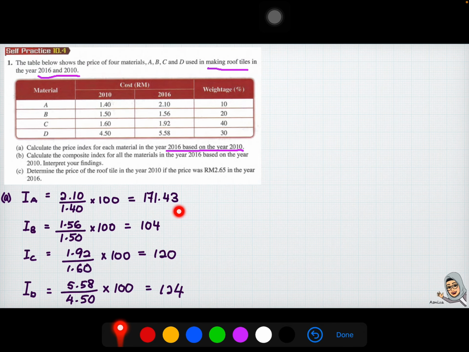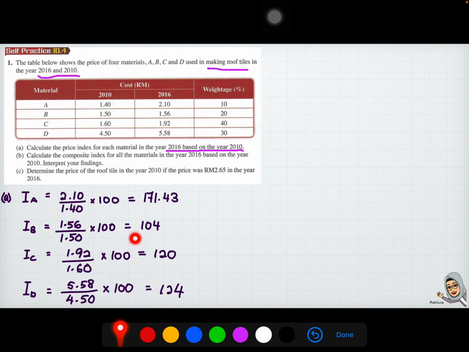So from here you can define that for material A, the cost increased 71.43% for year 2016 compared to the year 2010. So next you can calculate for each material the price index.